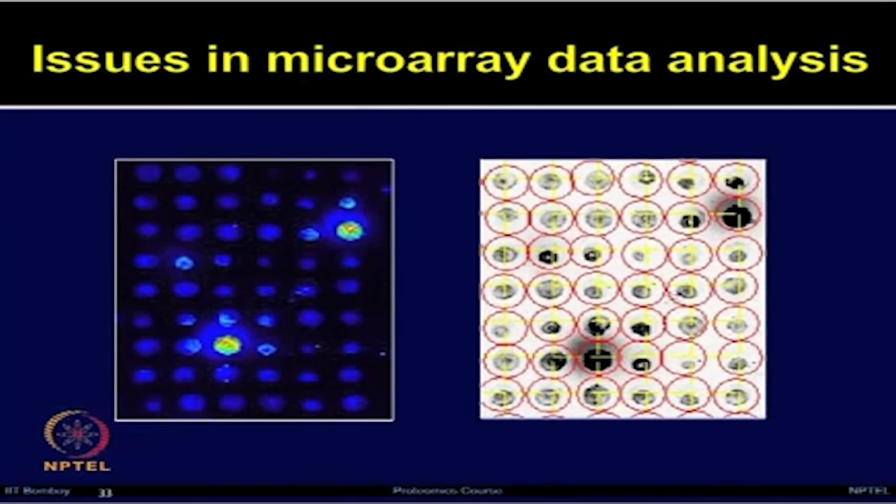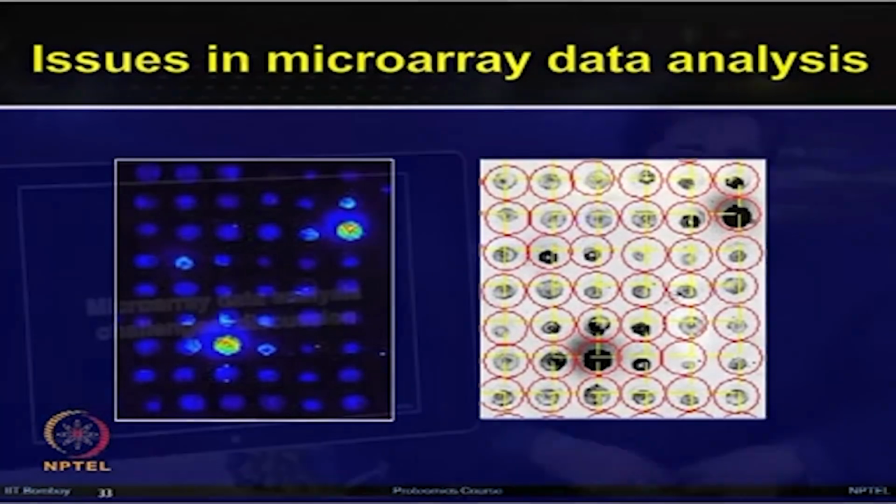Again, this slide shows how protein is diffused into the neighboring spot, which should be removed. Similarly, background correction and various other parameters need to be analyzed to perform a good microarray data analysis.